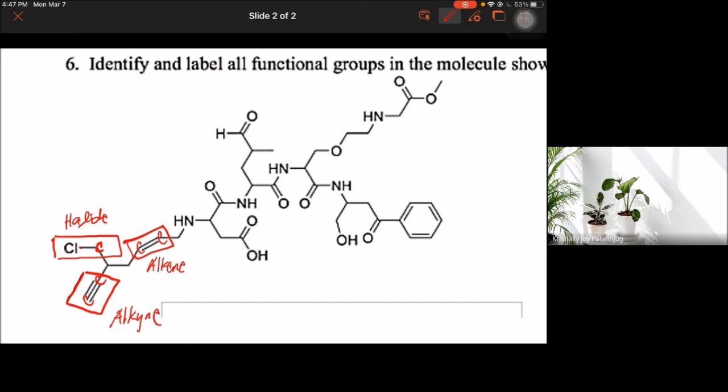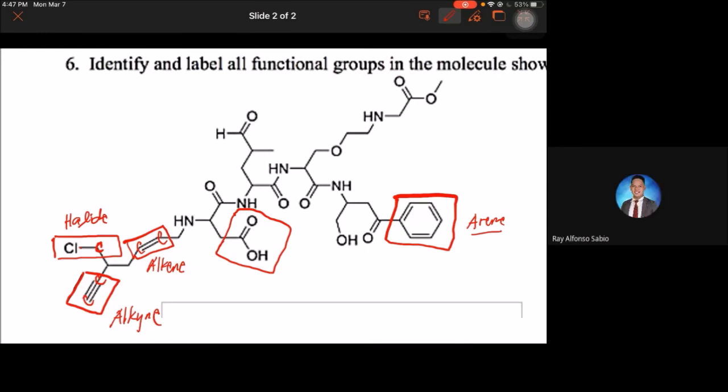Okay, very good. What about, here. What about that portion? It is arene. Okay, that is arene, the class of compound or the name of the functional group. What about when this is the one being encircled?